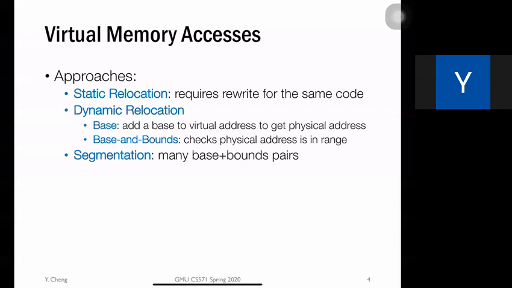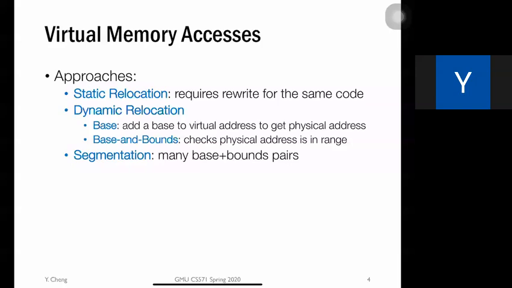Within base, the operating system always maintains a single piece of information, which is a base address, so that whenever translating a virtual address into the physical address, the operating system would simply apply a virtual offset on top of this base address to translate the virtual address into the physical address. So this is the first variant, which is a baseline case.